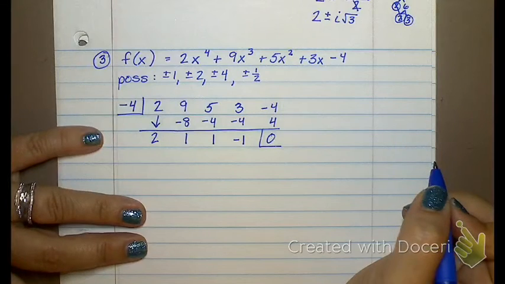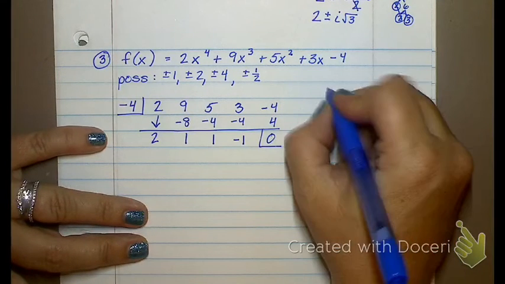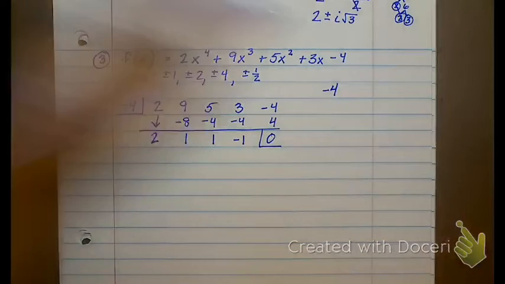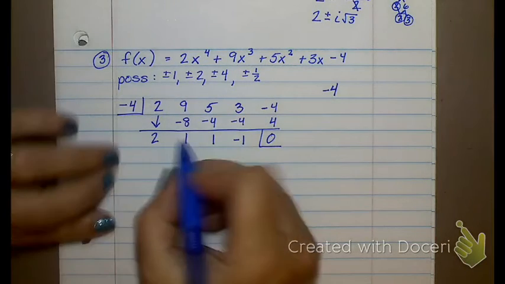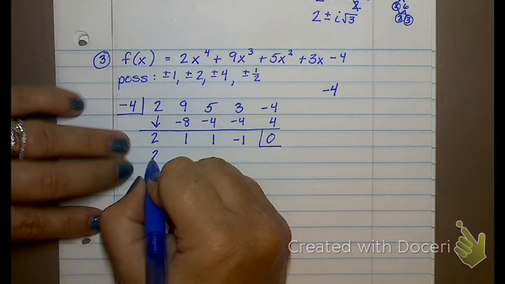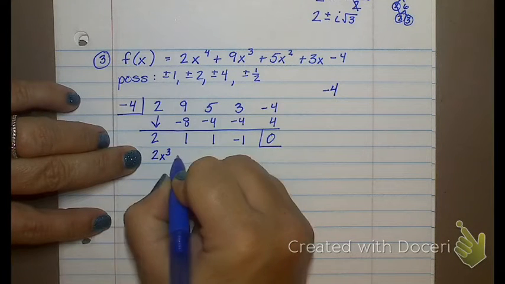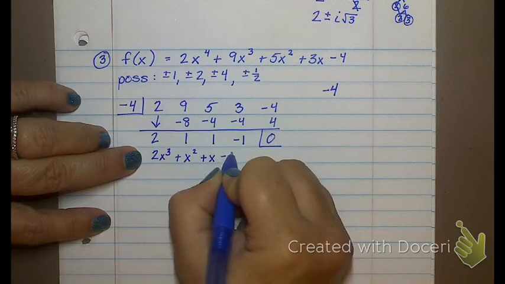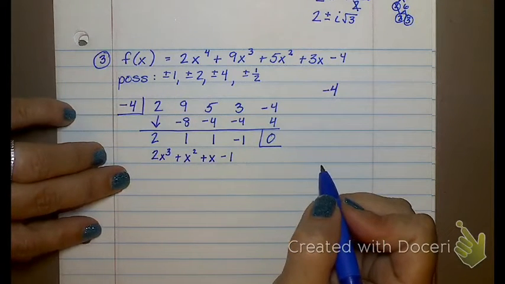So how many answers am I looking for? 4, and I just found one of them is negative 4. Okay, I'm now down to what degree? So I have 2x to the 3rd plus 1x squared plus 1x minus 1, and I got to keep going.